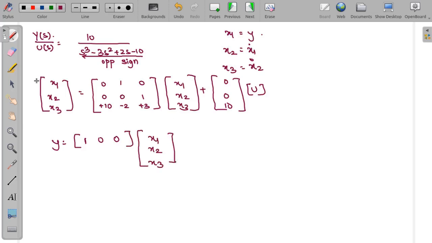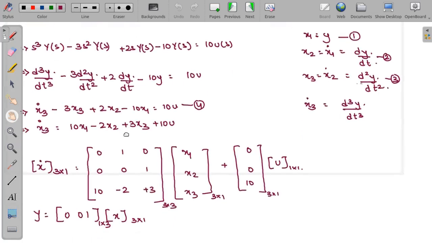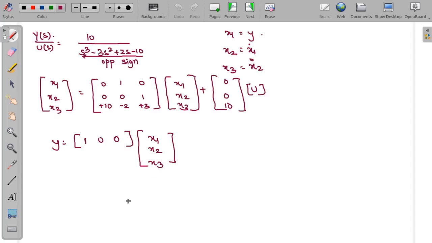So this is the shortcut way in which you can calculate the same thing. My bad, I have made the same mistake over here also. So this will be your 1, 0, 0. So this is how you write the shortcut method.